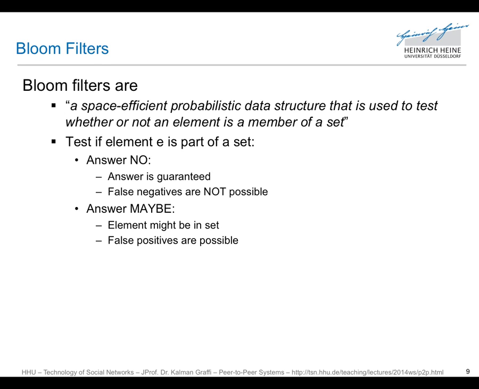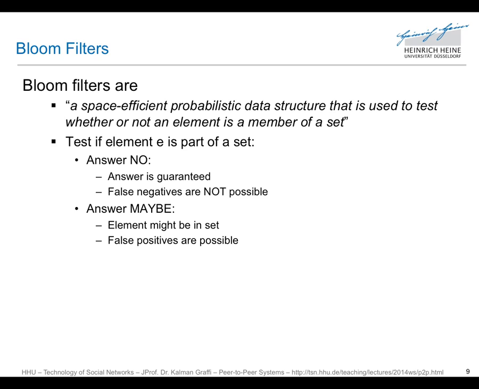And there's also this part about the Bloom filters. I would like to tell you shortly about what Bloom filters are and how they can be used to provide information in a very space-efficient way. A Bloom filter is said to be a space-efficient probabilistic data structure that allows you to test whether an element is within a set or not.